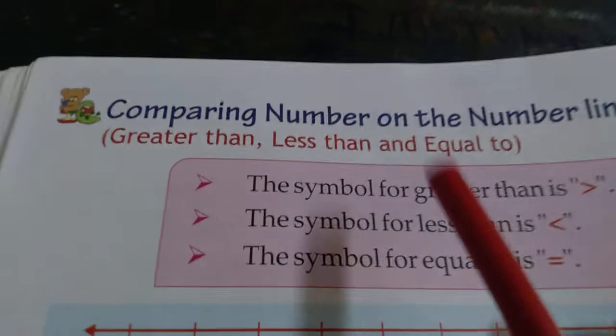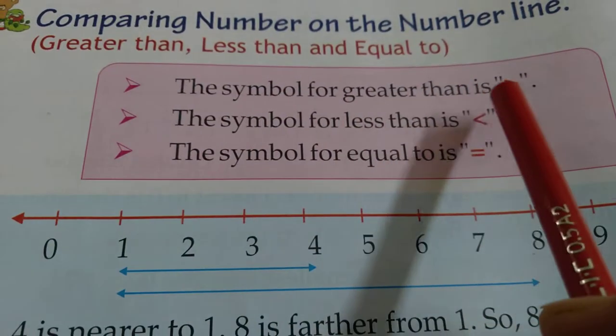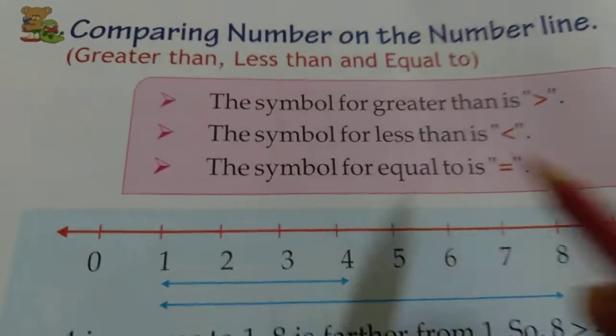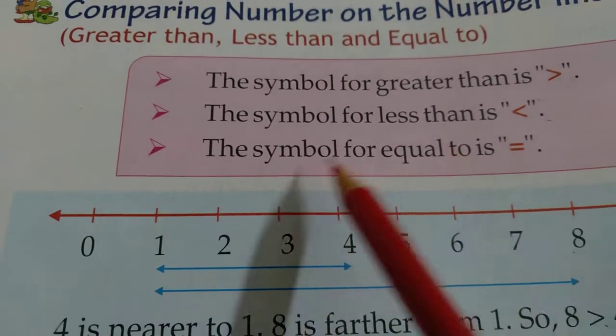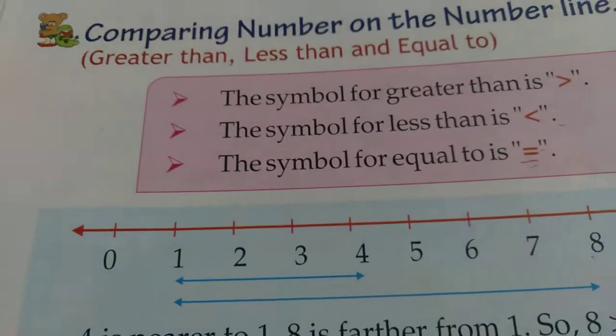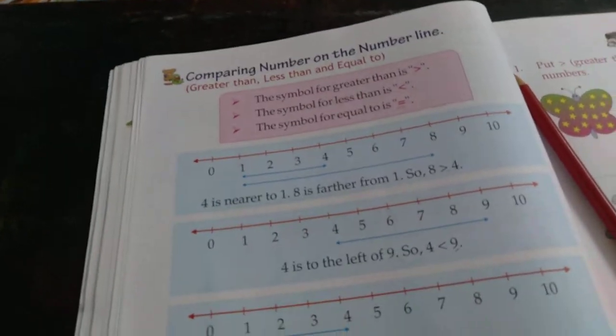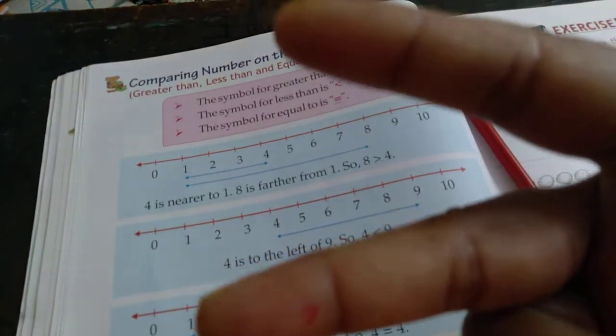See, greater than, less than and equal to. The symbol for greater than is this one and the symbol for less than is this one. The symbol for equal to is this one. Now the number which is greater will come under the wider side, like this.